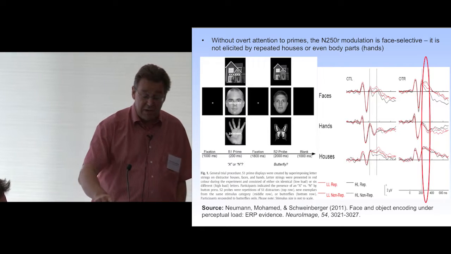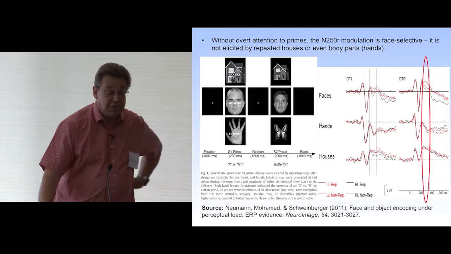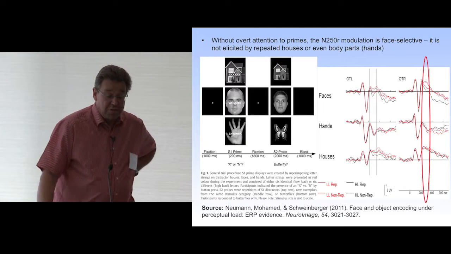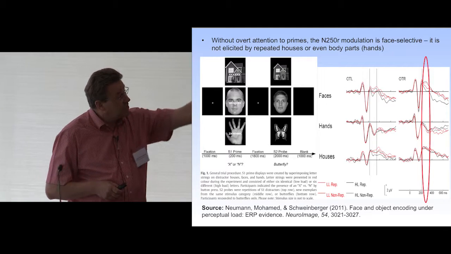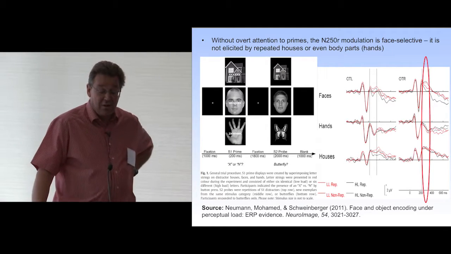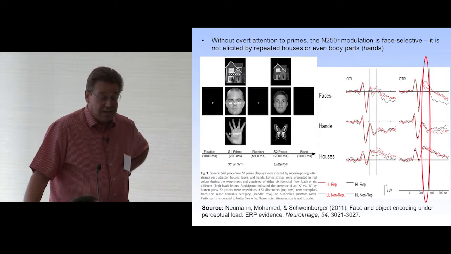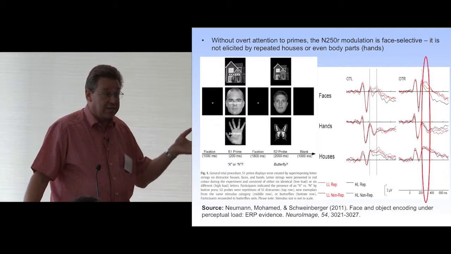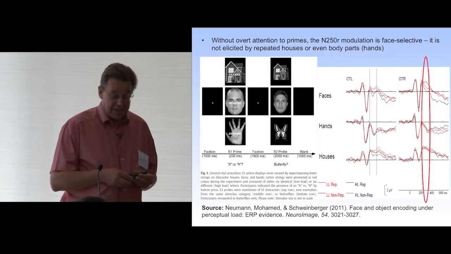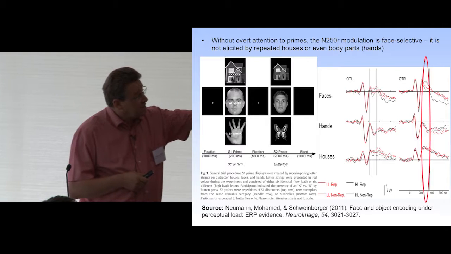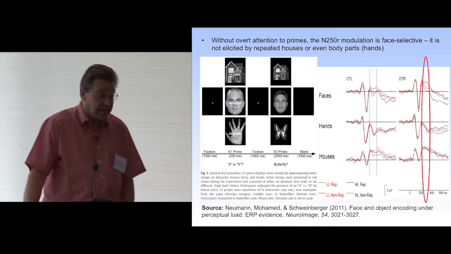A more recent study by Markus Neumann and Tariq Mohammed was in a slightly different context, in which attention to the primes was manipulated by a perceptual load task. So participants attended, if you look at the left column, to either high load or low load letter strings, and they decided whether or not they contained the letter X or N. And these strings were superimposed on briefly presented faces or houses or hands, which were used as unattended primes.